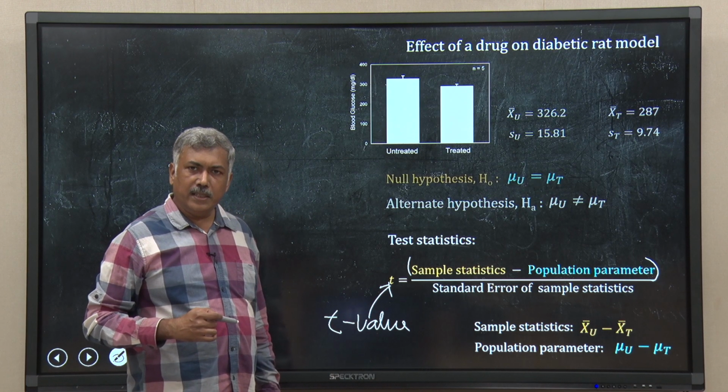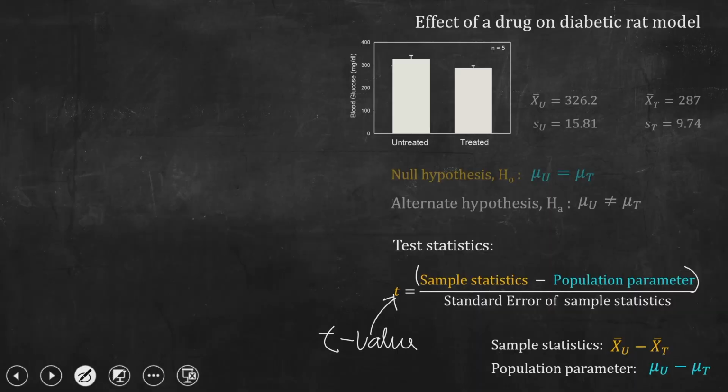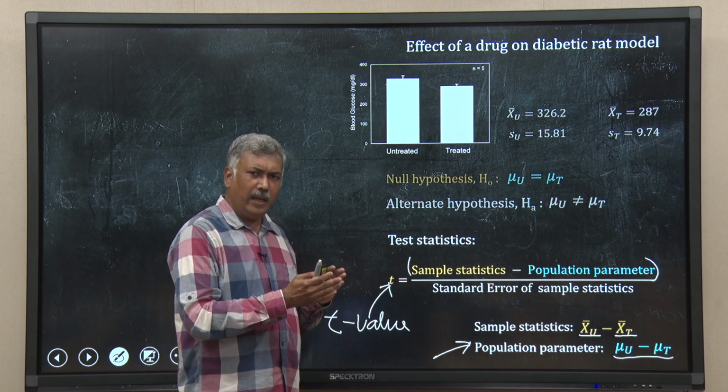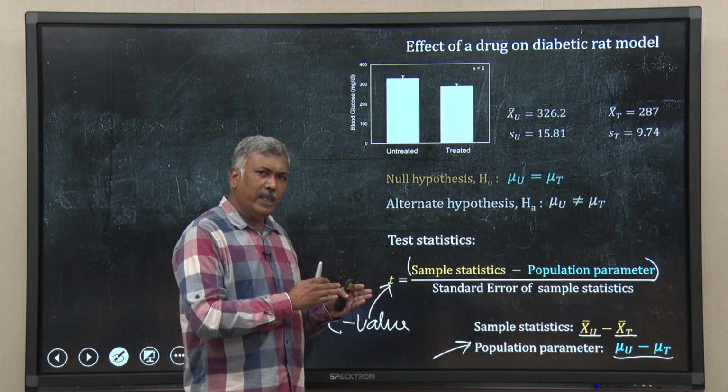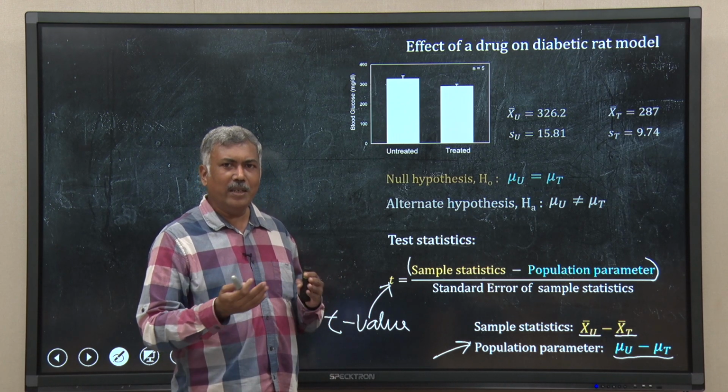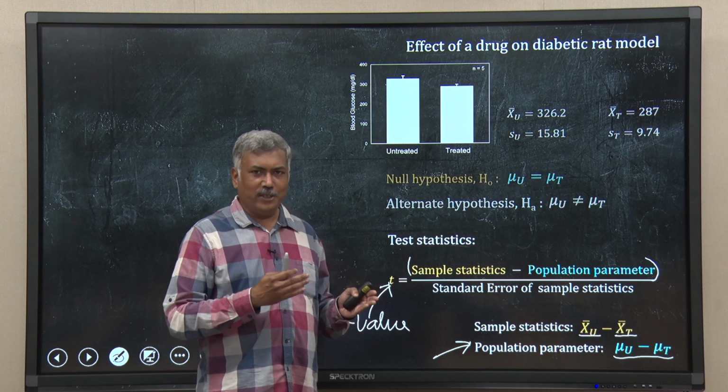The sample statistic in this case is the mean of my untreated sample minus the mean of my treated sample. My population parameter is mu_u minus mu_t. Please notice that they are actually similar things: one is for the sample, the other is for the population. Both are the difference between the means of two groups.